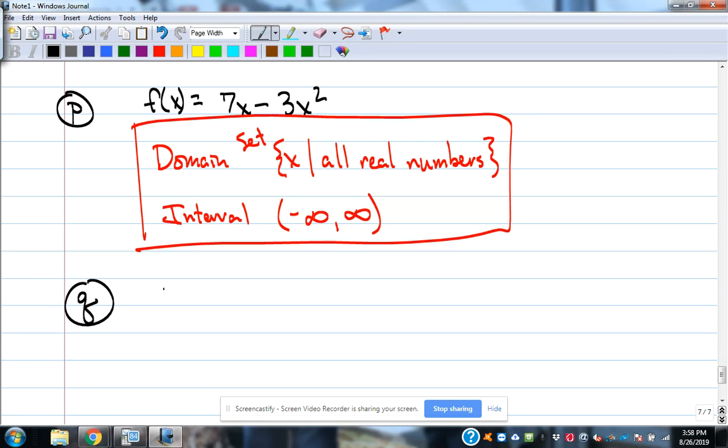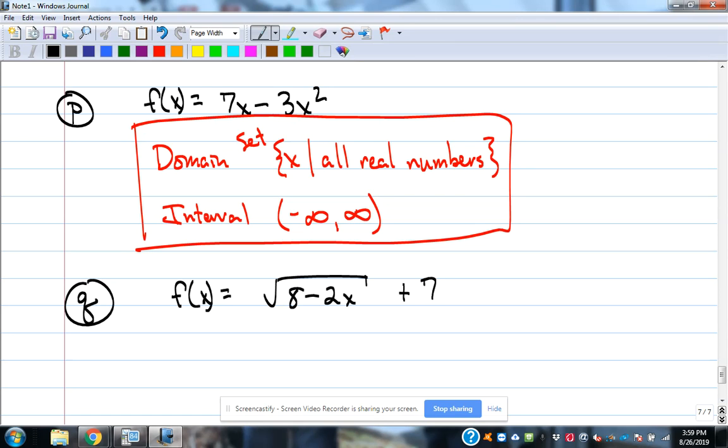Say we had f of x is equal to square root of 8 minus 2x, and then a plus 7 on the outside. Does that one have any red flags?